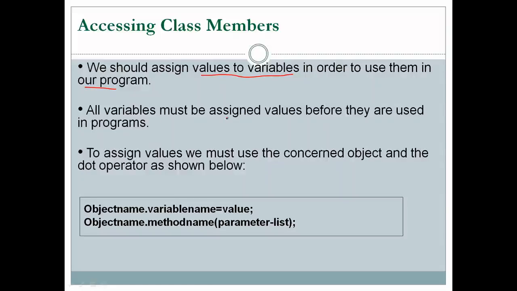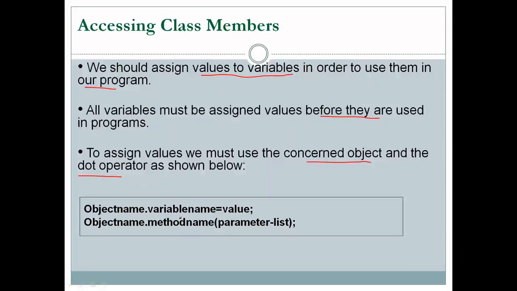All variables must be assigned values before they are used in programs. To assign values, we must use the concerned object and the dot operator, as shown in the below example.